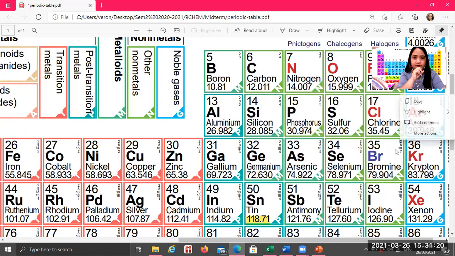So it means bromine will have an oxidation number of 2. Later on, I will be describing to you when the oxidation number becomes positive or negative. But for now, at least you know where to identify. Like in this case, bromine has 2. So there you go. Okay, let's close that.